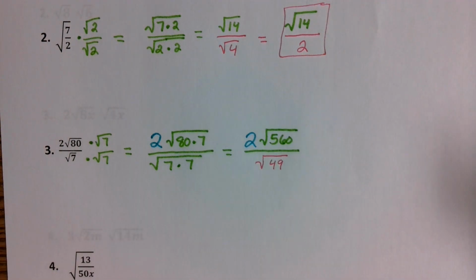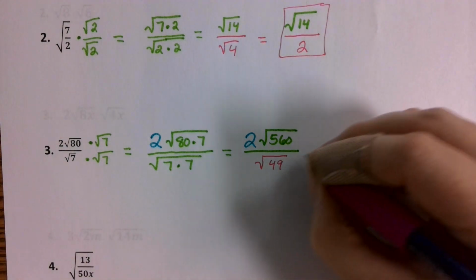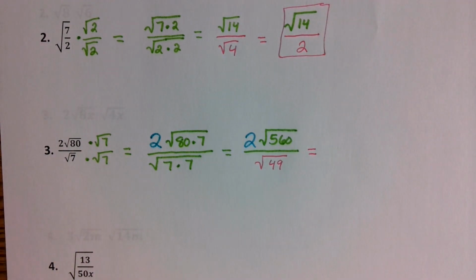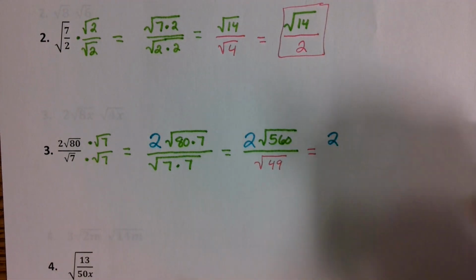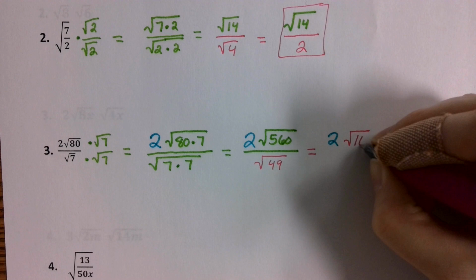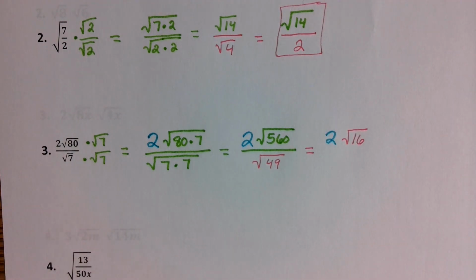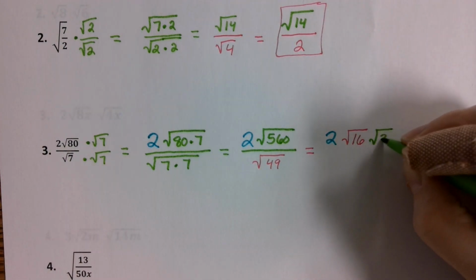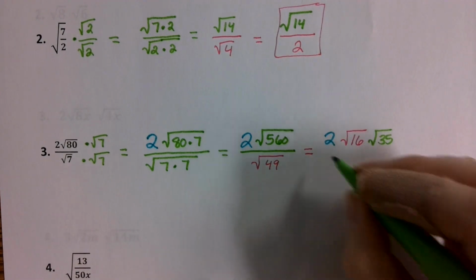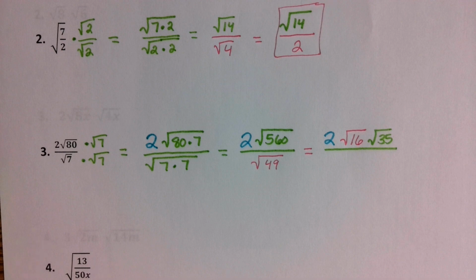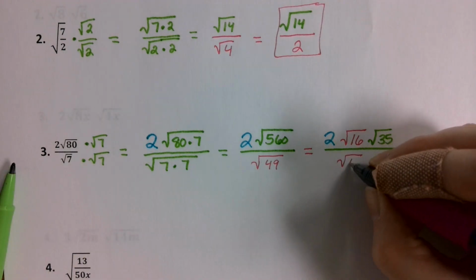Okay, before I start taking square roots, let's see if we can break 560 up. Is there a perfect square that we can break 560 up into? Actually, we're running out of time. Let me just tell you what it is. Square root of 16. Square root of 16 can go into 560, and it can go into it 35 times. So we have square root of 16 and square root of 35. We still have that 2 on the outside. All of this is over square root of 49.